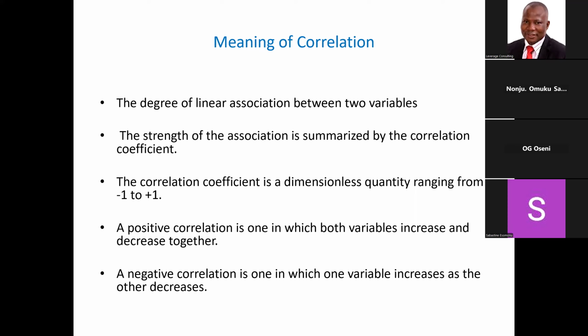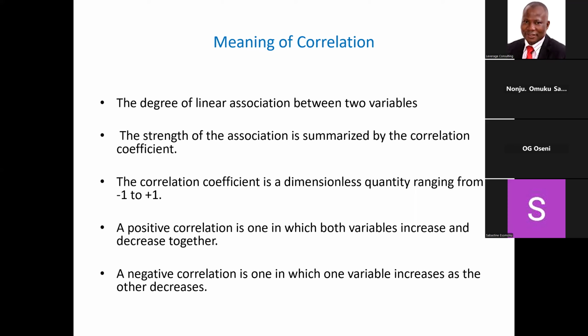A positive correlation is one in which both variables increase and decrease together, just like the example we saw with covariance, where the number of adverts watched covaries with the number of packets bought. A negative correlation is one in which as one variable increases, the other decreases.